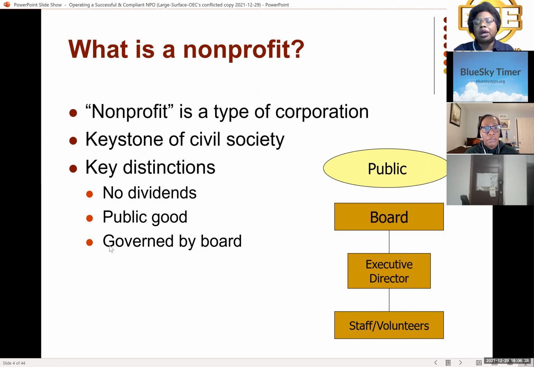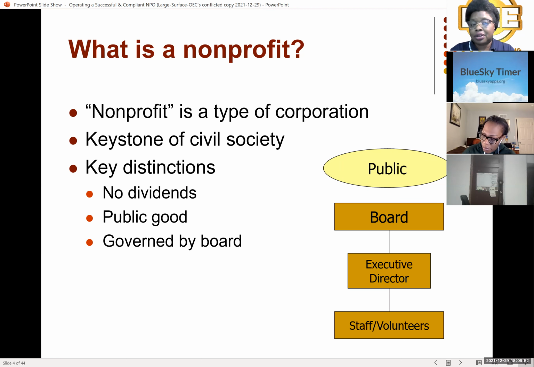So a nonprofit is a type of corporation. I've heard LLC, and then you've got corps, S corps, C corps, but you're basically a corporation. And what you're saying as a person who wants to start a nonprofit is that you're going to do something on behalf of society.